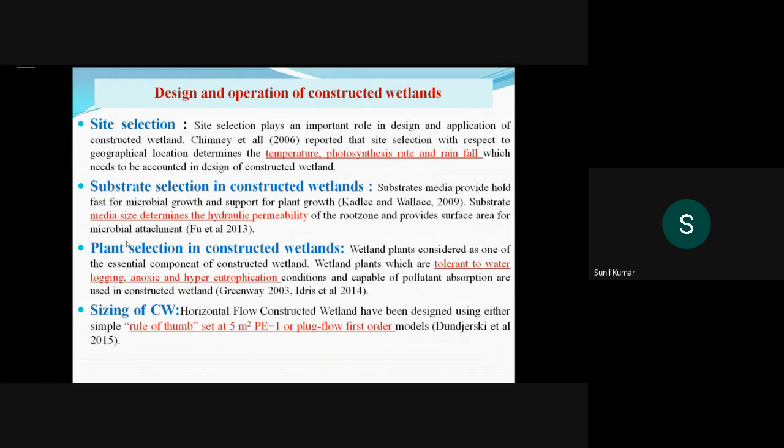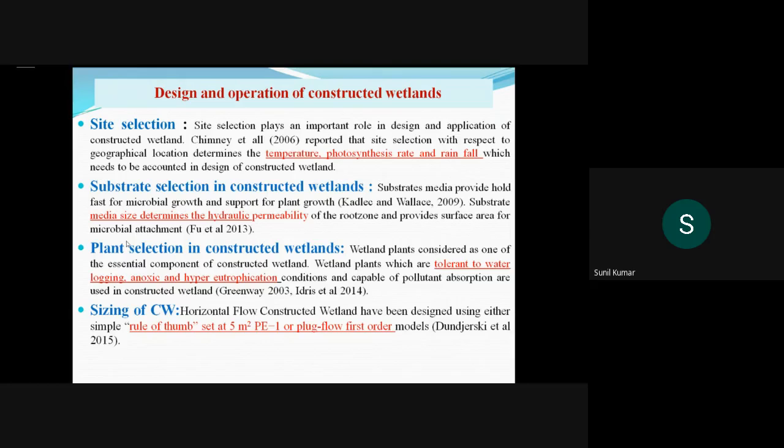If it is a cold climate, the water can freeze. In that case, the types of plants and the area required all have to be designed, and we have to see whether a constructed wetland will work for such places. So site selection plays a very important role in the design of the constructed wetland to address temperature, photosynthesis rate, and rainfall.